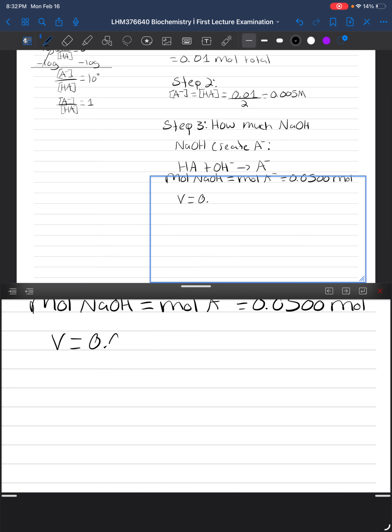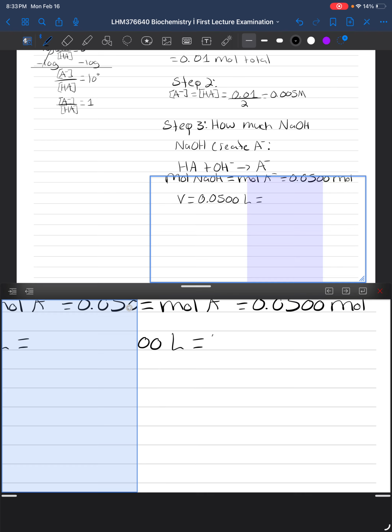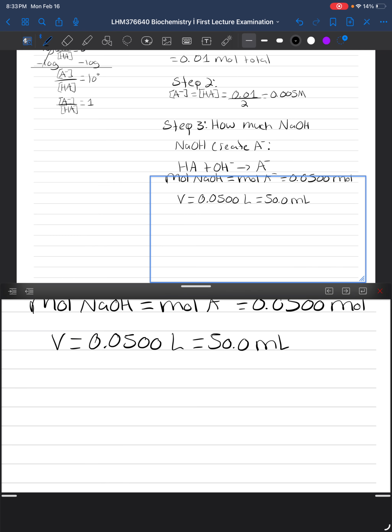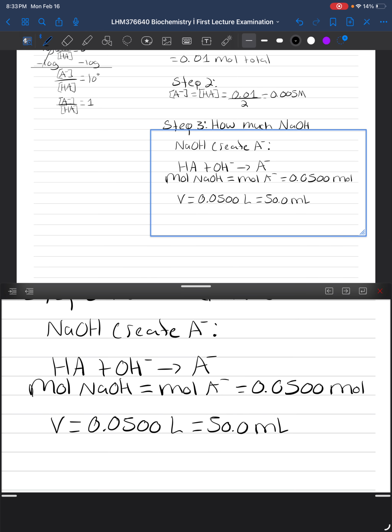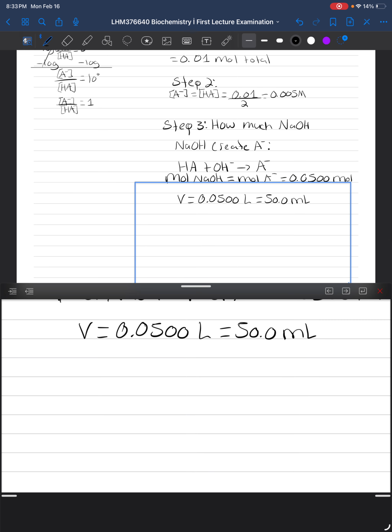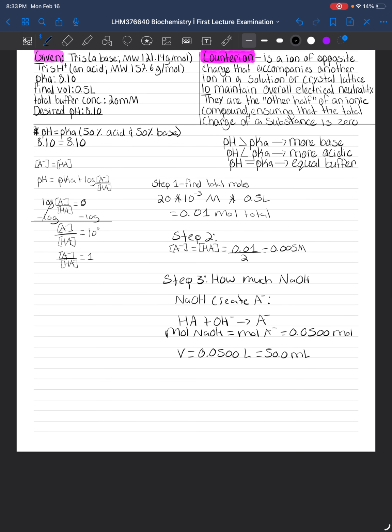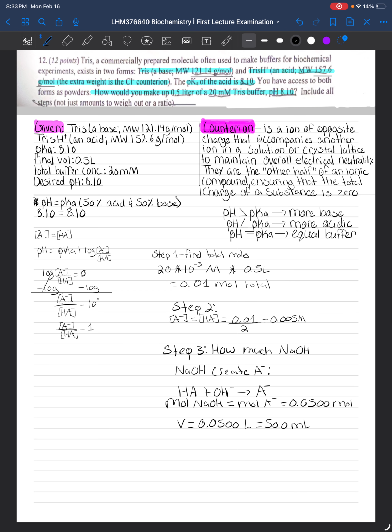So it'll be 0.0500 liters, which is 50.0 milliliters. Not millimolars, milliliters, sorry guys.